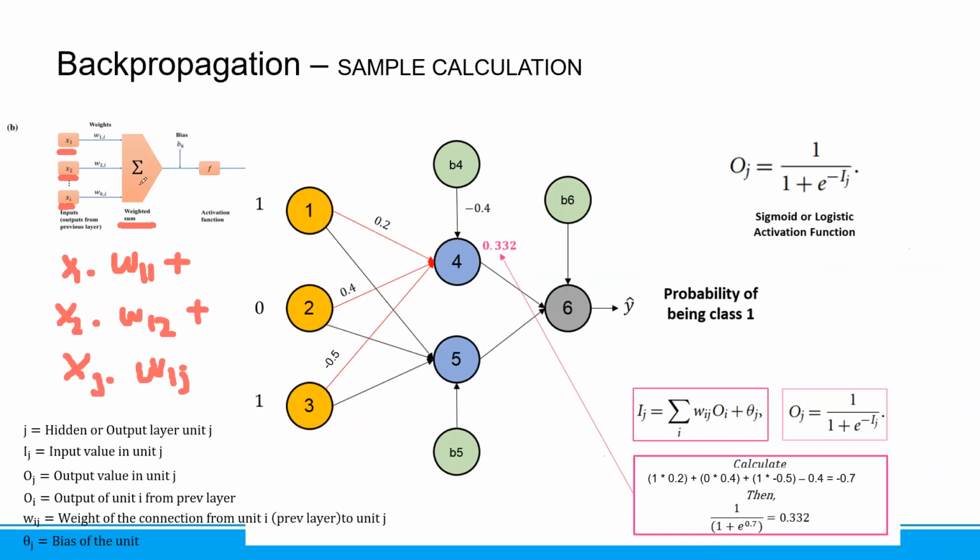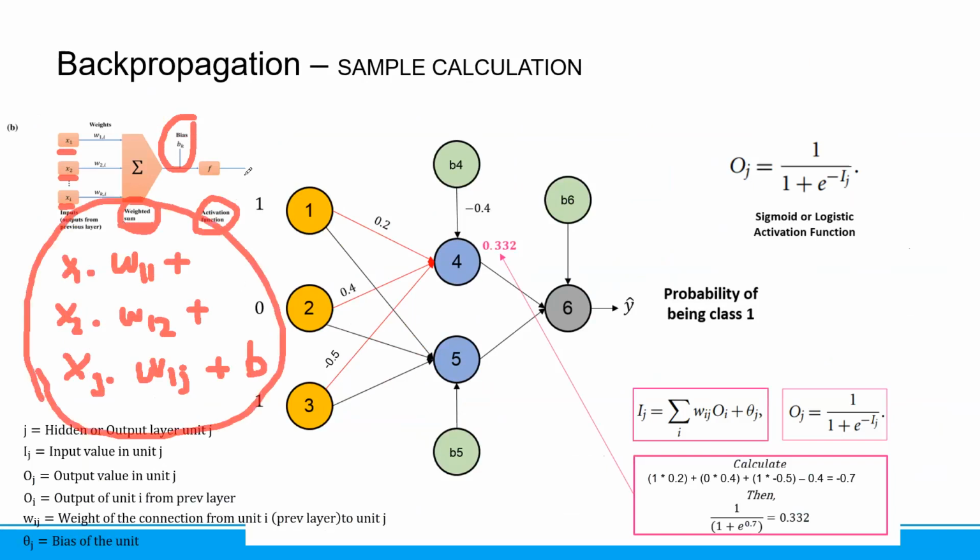This is what we call the weighted sum, plus the bias. In the previous example, we skipped the activation function and just finished this calculation. But today, let's try to figure out the activation function.